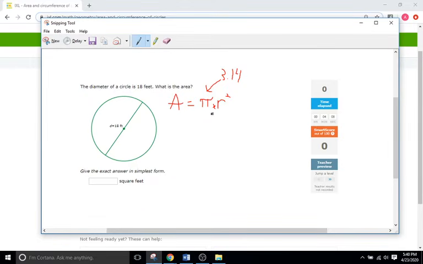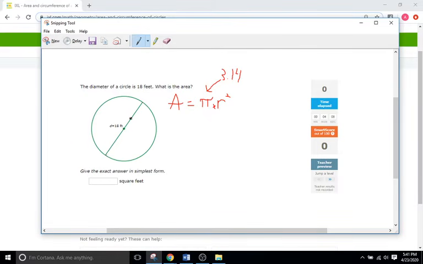But for our area equation, we need radius. We need r. So as you should also remember, radius is just half the diameter. So this entire line here is the diameter. And that means just the line from this point, the center, to that edge, or the center to that edge, doesn't matter. It's the same thing. That's going to be the radius.